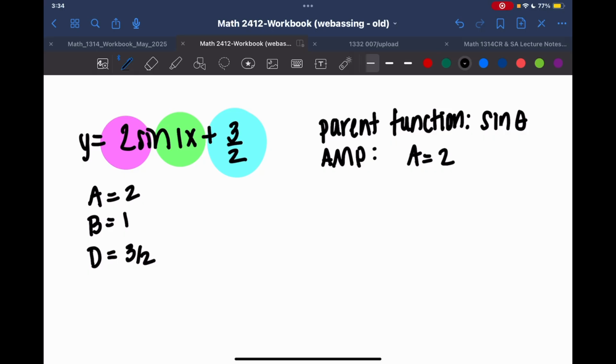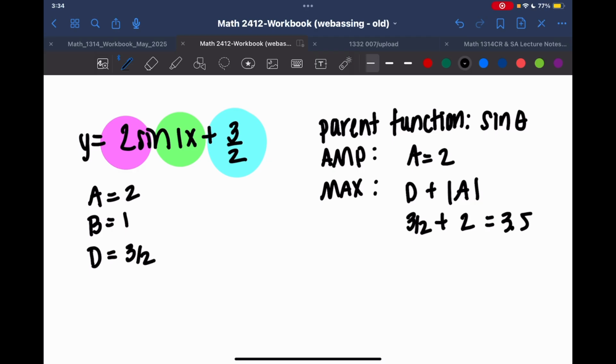So that's our stretch. Our max is going to be D plus the absolute value of A, and that's 3 over 2 plus 2, so that's going to be 3.5. Our min is going to be D minus the absolute value of A. So that's 3 over 2 minus 2 equals negative 0.5.